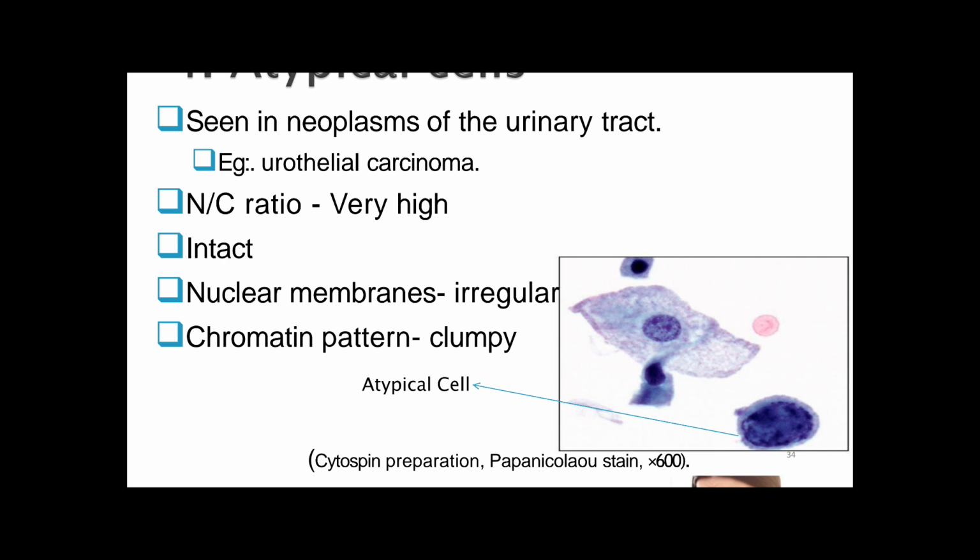The nuclear membrane is irregular, but in the normal cell it is a nice spherical shape. In the atypical cell the nuclear membrane is irregular and the nuclear chromatin pattern clumped. Here you can see nuclear clumps. These dots are nuclear clumps.